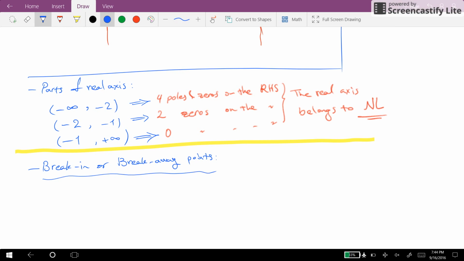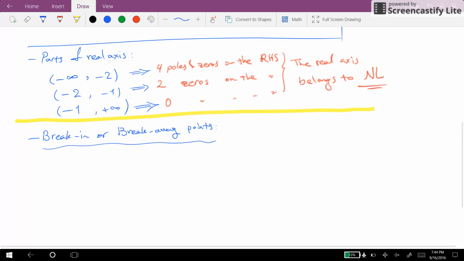And to find out whether we have such a point or not, we need to find the derivative of rho with respect to s and set it to 0. Then if we have any real valued root, it would be either a break-in or breakaway point.